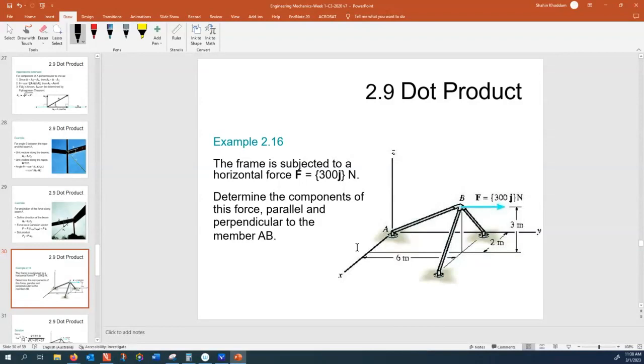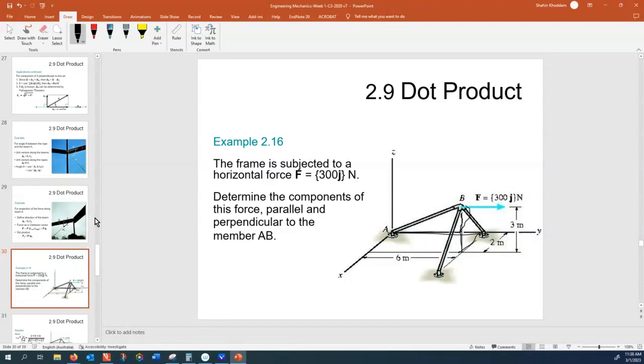So first you have to construct AB, and everyone knows how to construct AB. How do you go from A to B? You come from here to here, here, and there. That is AB: 6k, 2i, and 3k.